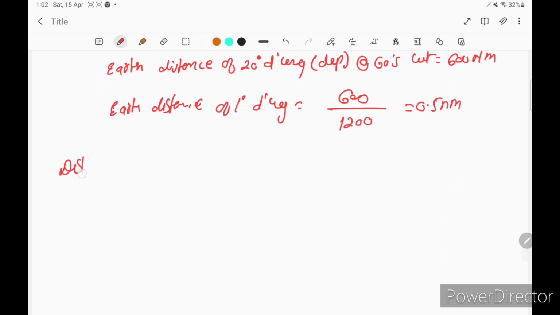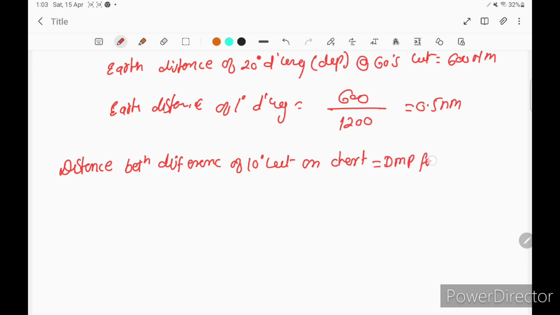Now we use the formula: the distance between the difference of 10 degree latitude on the chart is equal to the difference of meridional parts for 10 degree into Earth distance of 1 degree. Before we calculated 1 degree, now here we calculate 10 degree because we have a large scale.